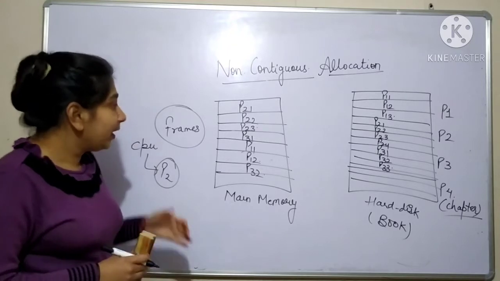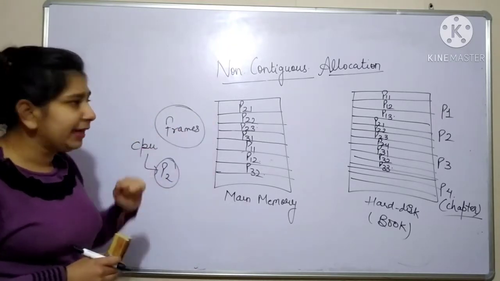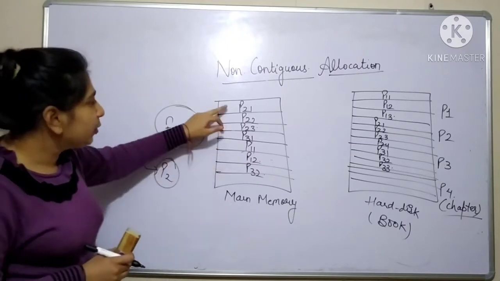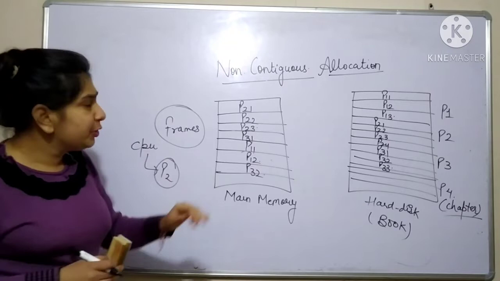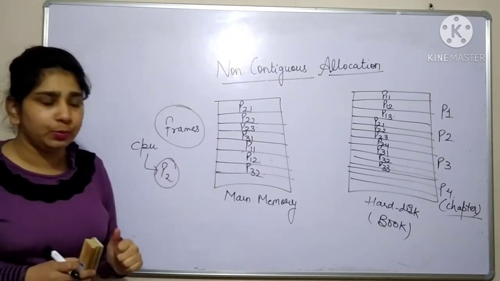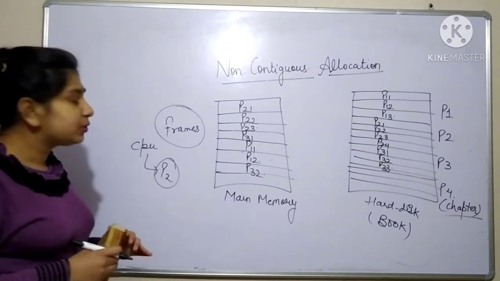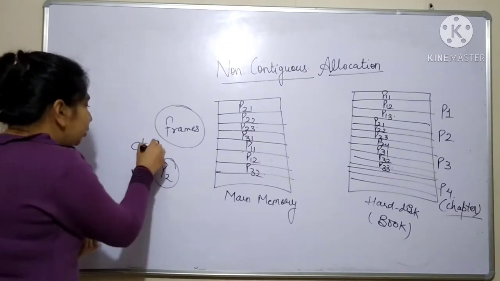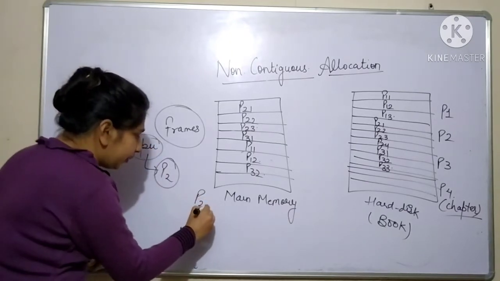So let's suppose you are executing process P2. You have loaded some of the pages of process P2, but you have not loaded the complete process P2 in the main memory. Let's suppose your CPU wants page number P24.